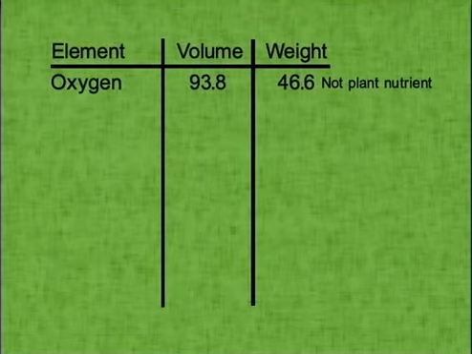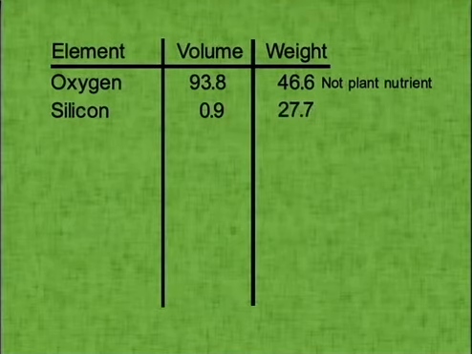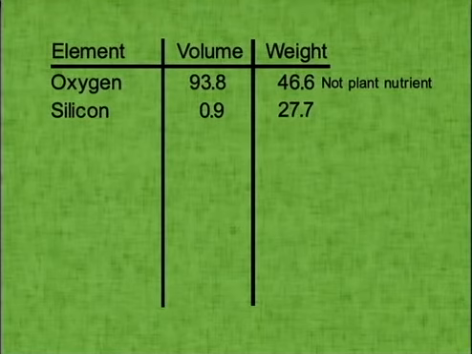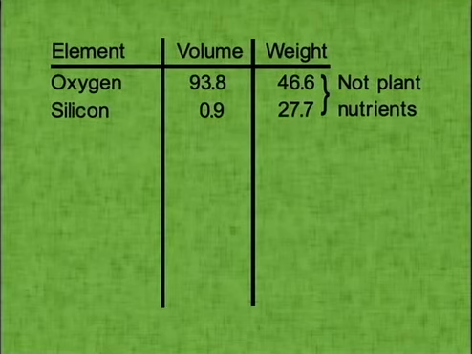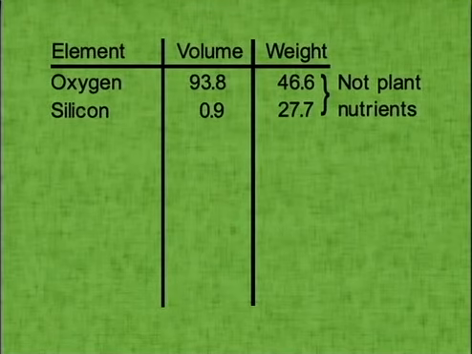The second most abundant element in the mineral matter in the soil is silicon. 27.7% by weight of soil minerals is silicon. This element is also not an essential plant nutrient. So when we add those two together, we're talking about somewhere in excess of 74% of the weight of the mineral matter in the soil.